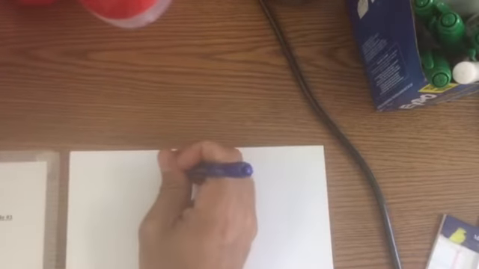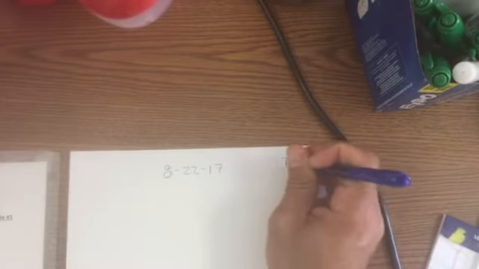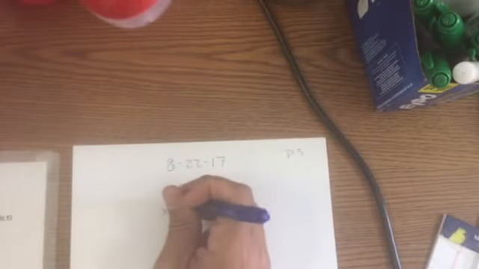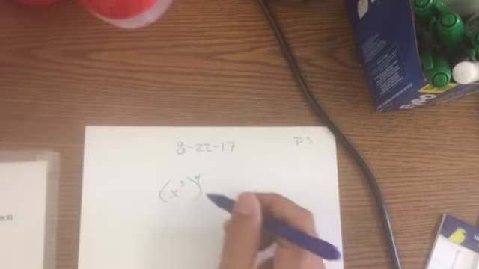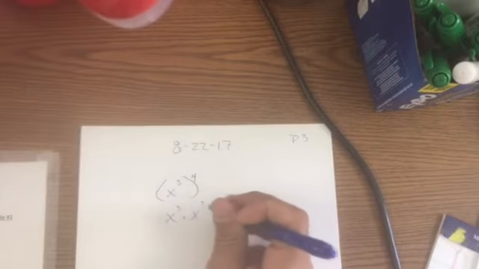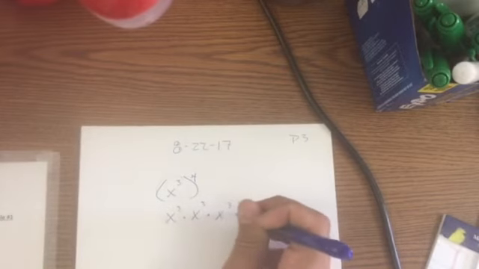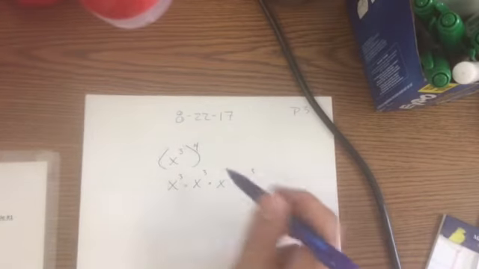When I have a power to a power, that's when it looks something like x to the 3 to the 4. That means that I have this 4 times. So I have x to the 3 times x to the 3 times x to the 3 times x to the 3, which we already learned I'm supposed to add these guys all together.